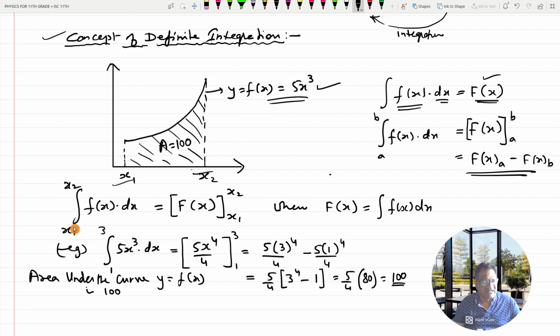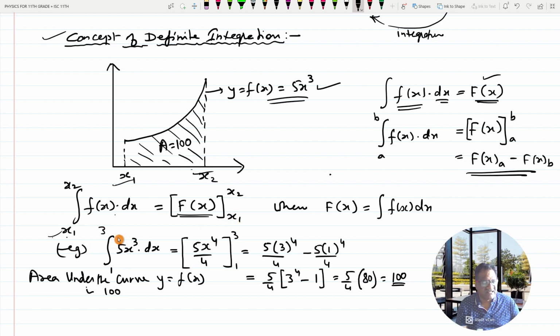So how to find the definite integration of this 5x cube? I'll write this integration. Now since it is definite, I'll have to put the limits. So it is from x1 to x2. So here I'll write x1 and here I'll write x2. So the integral from x1 to x2 of f of x dx will be equal to the integration of f of x, and that function I'll evaluate with the limits x1 to x2.